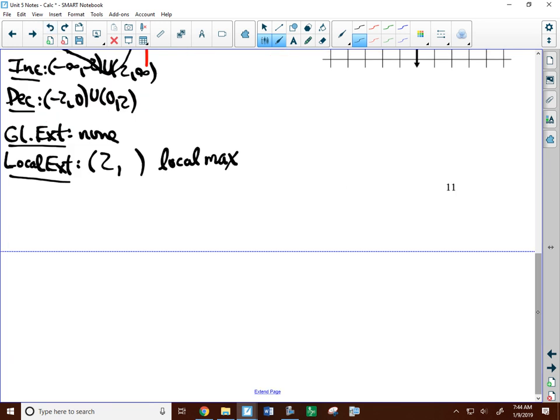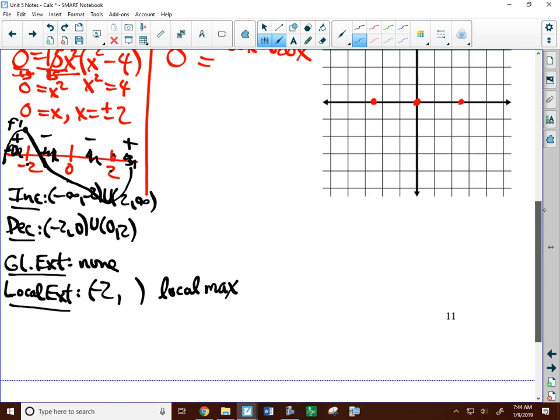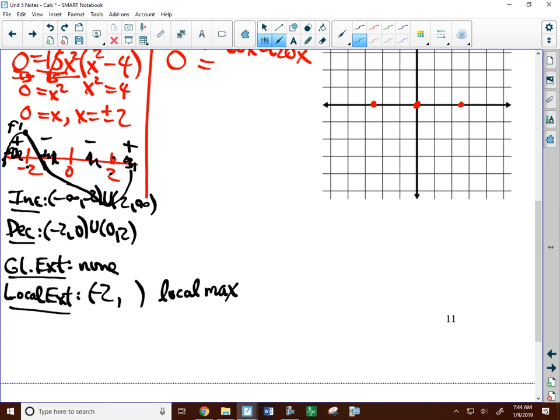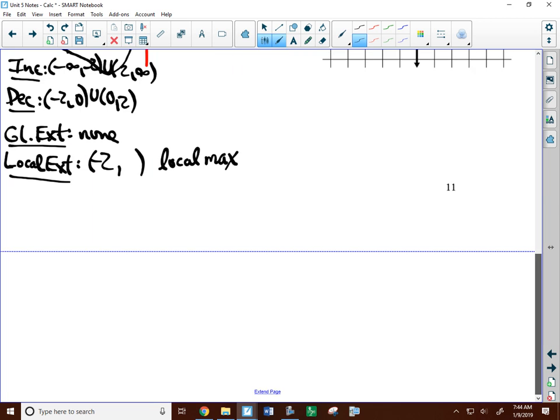There's a local min. Oh, this is -2. I'm sorry. Yeah, sorry, -2 max. And then at 2, there's a min. So 2 is a local min. Again, for now, you could just say at x equals 2 local min.